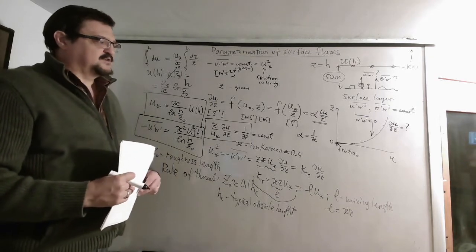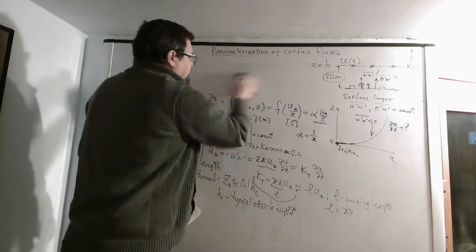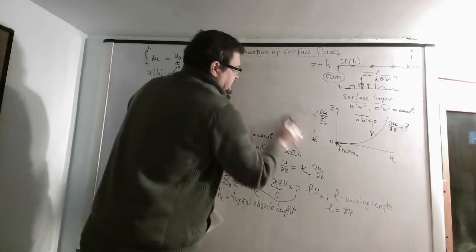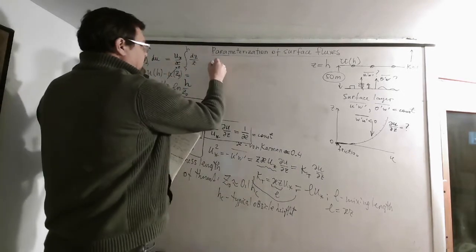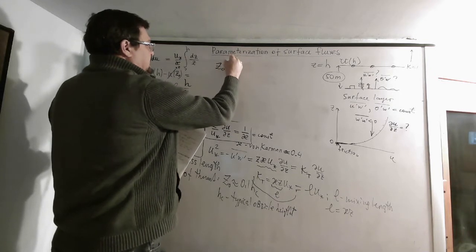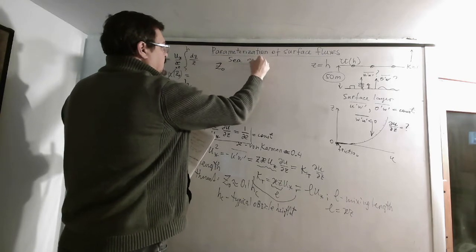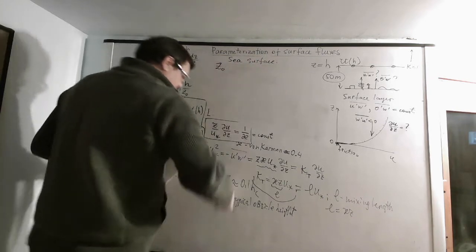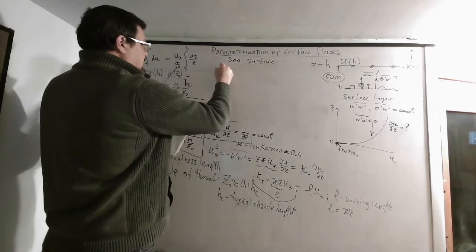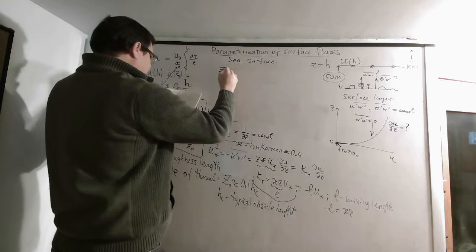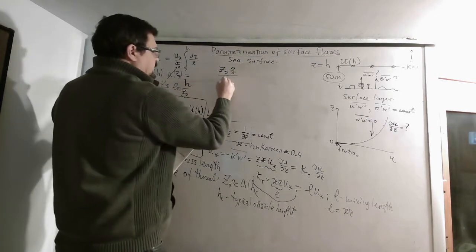And so, using the same dimensional analysis argument that we did for this formula, you can deduce that z naught over the sea surface should be related with the following dimensionless parameter: z naught times g, gravity, divided by u star squared.